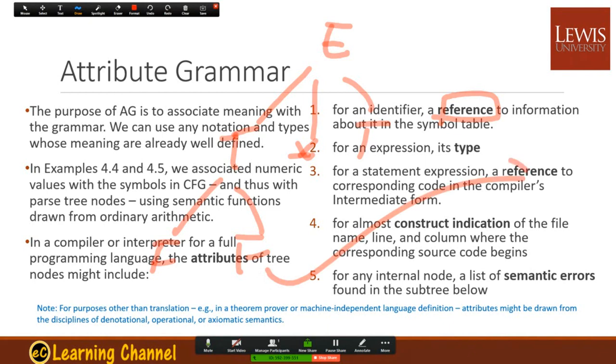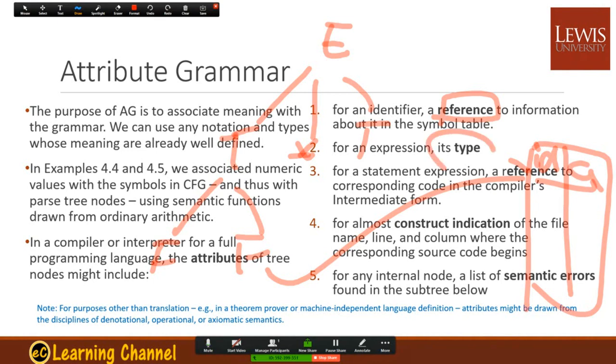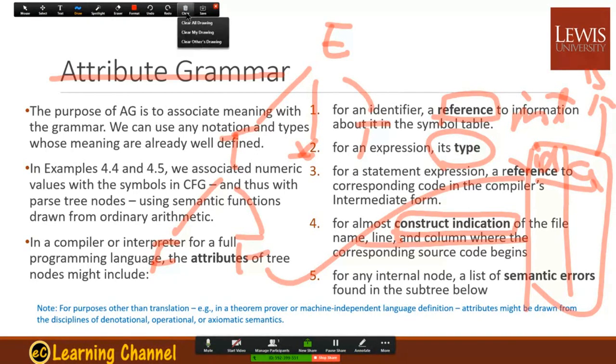Okay, factor, go to the table entry, find the ID, A or B or something, and then it gives you the type. So this one is an integer. Okay, and then there's an indicator of the file line number, line 15 for that variable A, something like that. These are the different information that you put into the attribute grammar for your evaluation tree, the syntax tree.